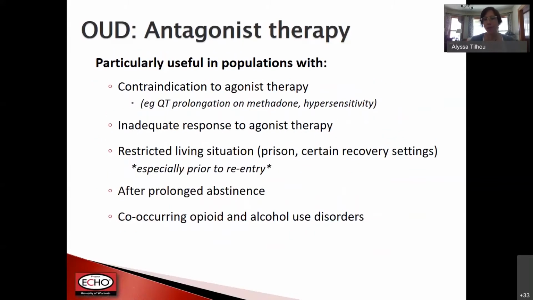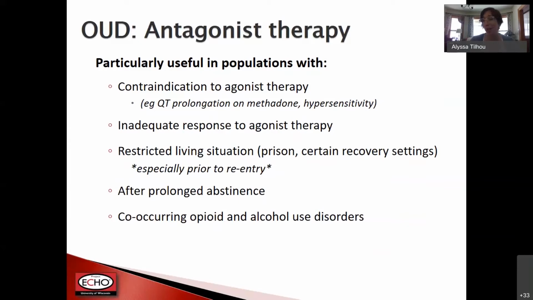So who is the ideal patient that might benefit from naltrexone therapy or IM naltrexone therapy? Those with a contraindication to agonist therapy. There are not a lot of people in this group, but there are certain clinical situations, for example, someone who has not been able to reach receptor saturation on Suboxone, and so they're on methadone and experiencing a side effect like QT prolongation.